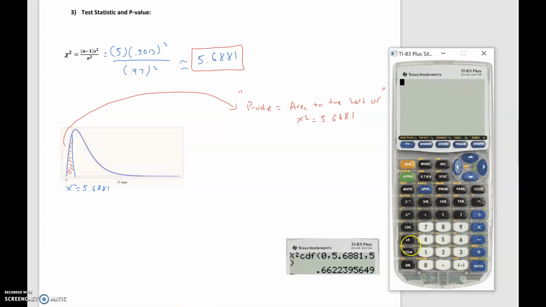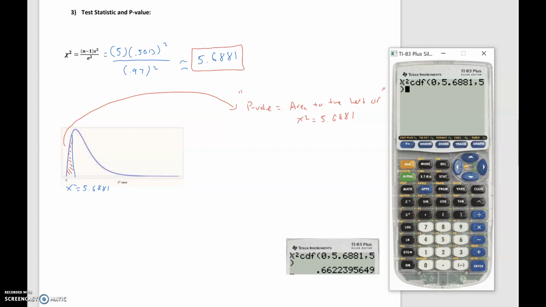In this case, activate the distributions, and you're going to be looking at a chi-square CDF. Now, our value happens to be to the left, and the chi-square distribution starts at 0. So this one will say 0, comma, 5.6881, and then the calculator requires the degrees of freedom.